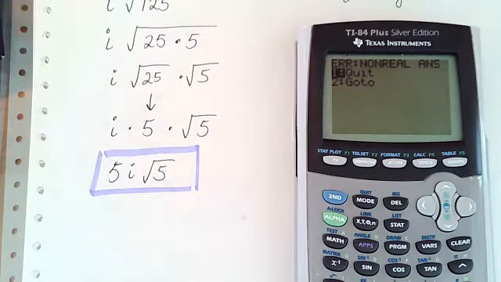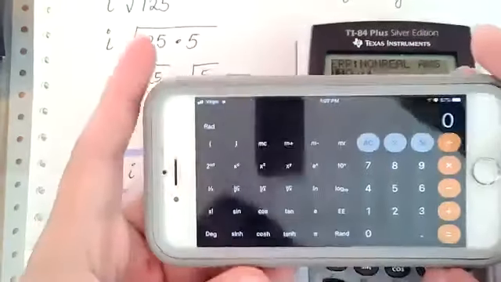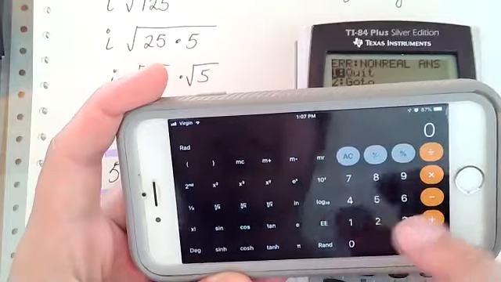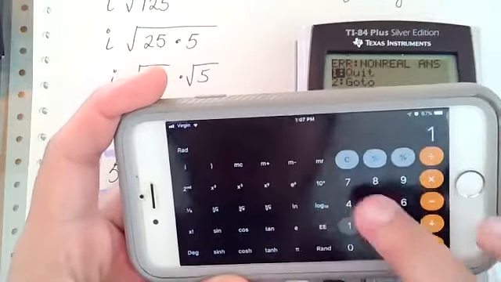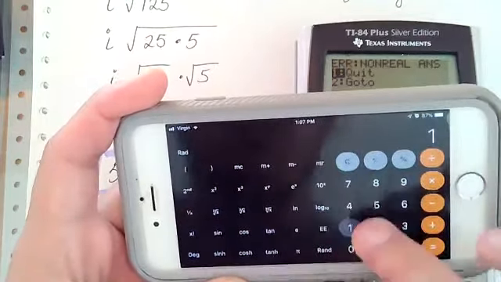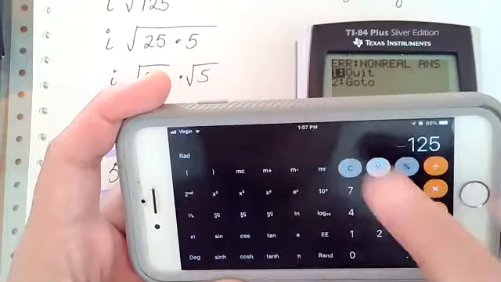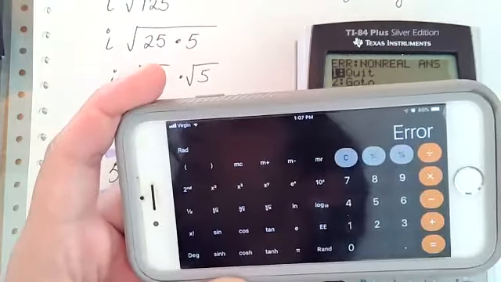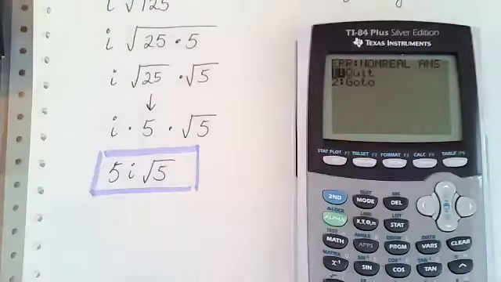Error, non-real answer. Okay, and let's see if I can do this. This is my iPhone. If I take, let's say, the same number, 125, and then I'll make that a negative 125 and take the square root of it, I get an error.